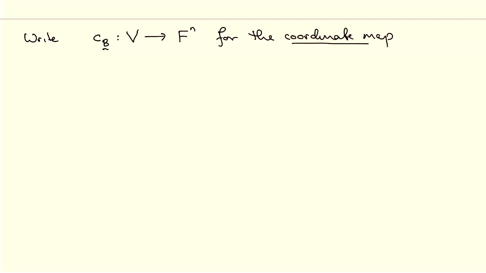So we write C with the subscript B for the so-called coordinate map. This is the map that takes our vectors V, vector space V, across to F^n. C_B of V equals this coordinate vector.